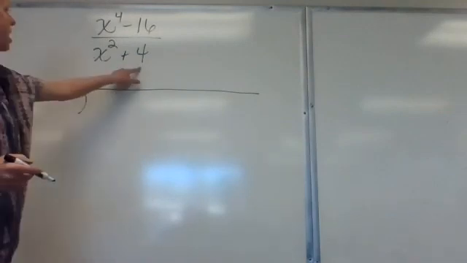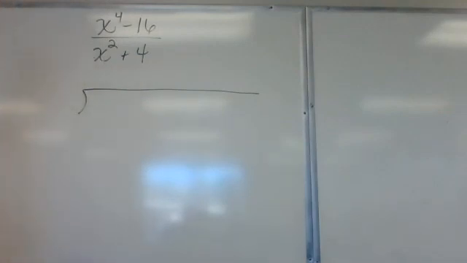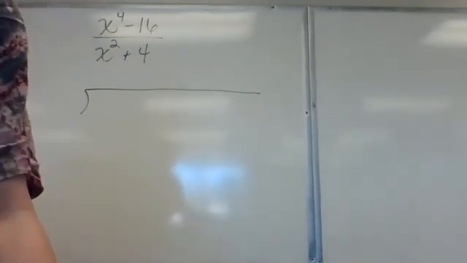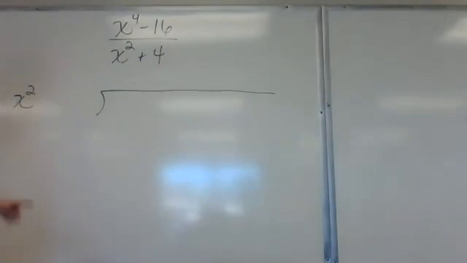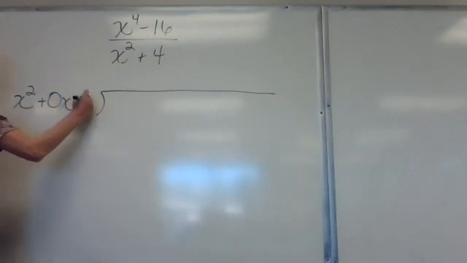Remember, your denominator is what will come out here. So I'll have x squared. What should come after the x squared before that plus 4? If you have an x squared, you want to have an x. So fill in for the x with a 0x. And then the plus 4.